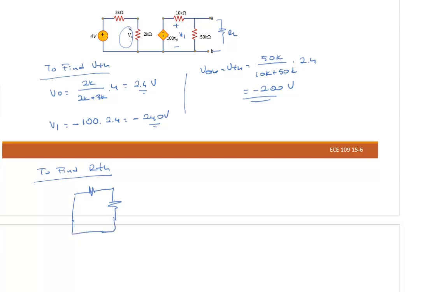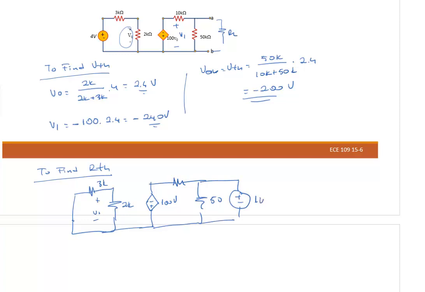This is 2K. This is 3K. This plus V0 here. And when you come right there, you're going to have 100 volts. And we have 50K. I'll put there one voltage source, 1 volt. I'm going to try to find this I0 right there.